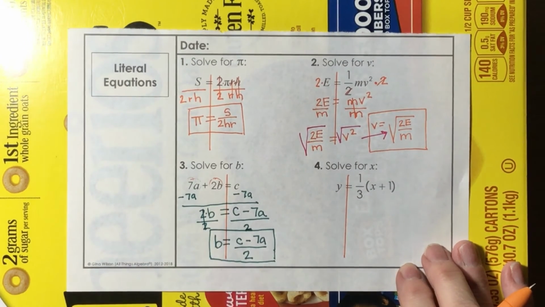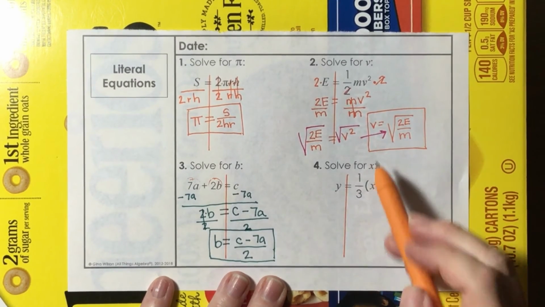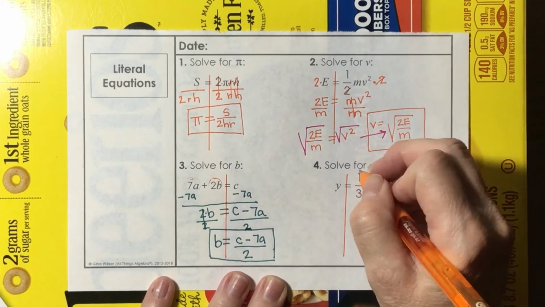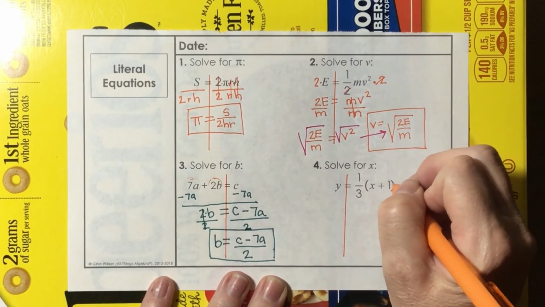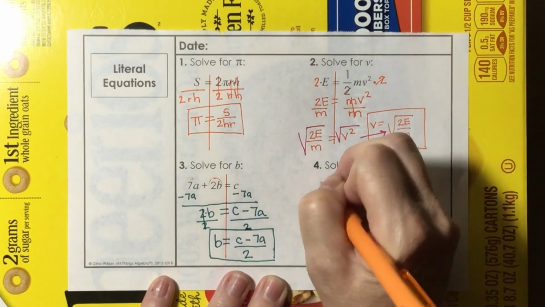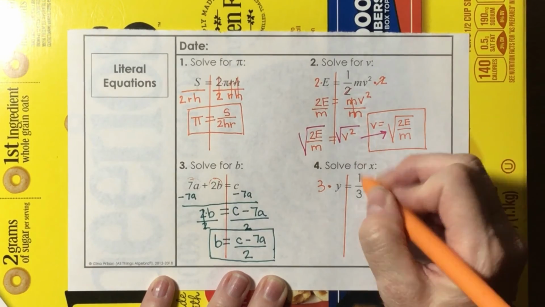All right, so we are going to multiply all of this by 3. We're going to cancel this out first. So the opposite of doing that would be 1/3. So the opposite of that would be multiplying it by 3. So I'm just going to multiply both sides by 3 because remember that's 3 over 1.